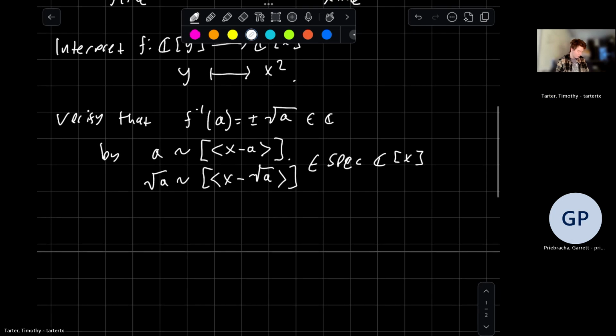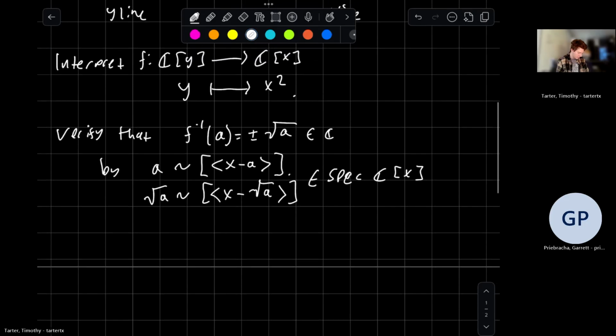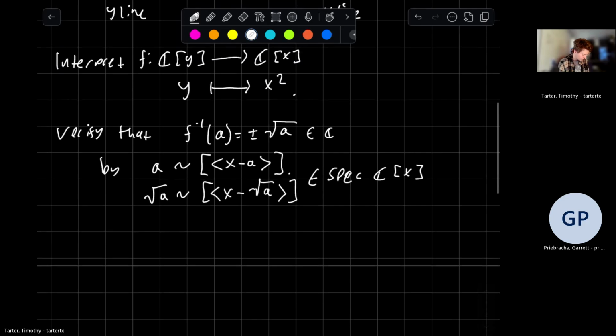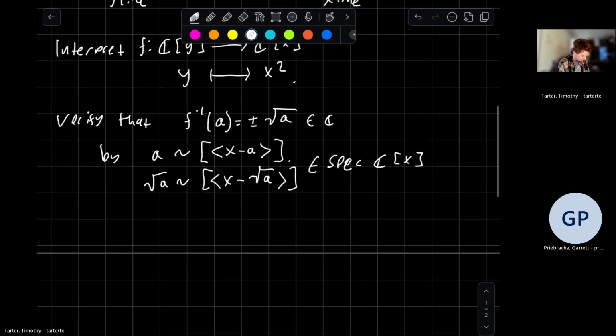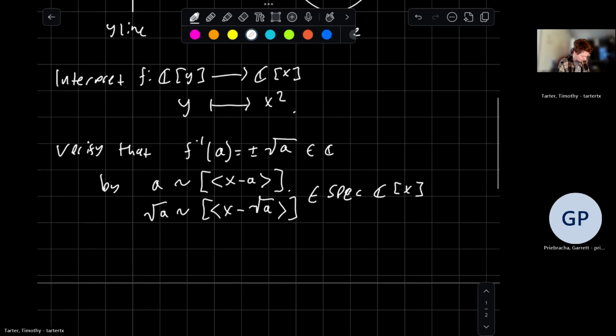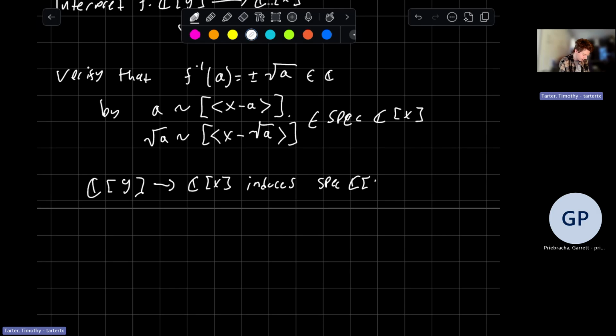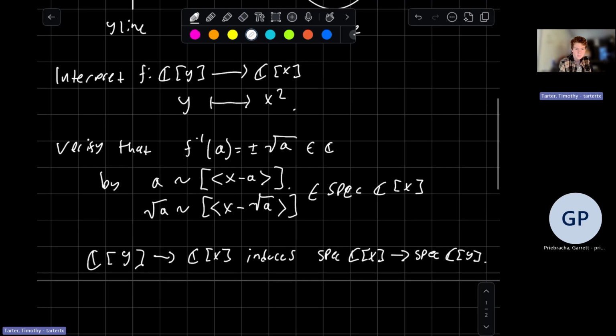I guess it's that if we have this map C[y] to C[x], it should induce Spec C[x] to Spec C[y], right?